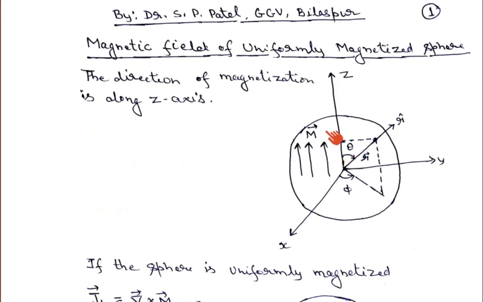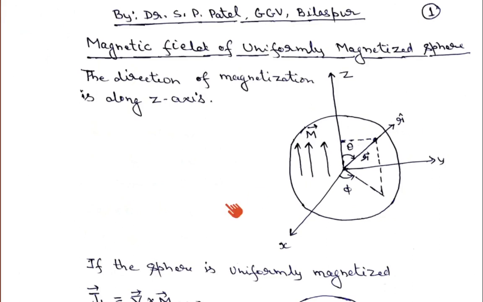Then we have to find the magnetic field due to this magnetized sphere, which can be found inside the sphere and outside of the sphere. Let us try to understand how one can determine the magnetic field of a uniformly magnetized sphere.